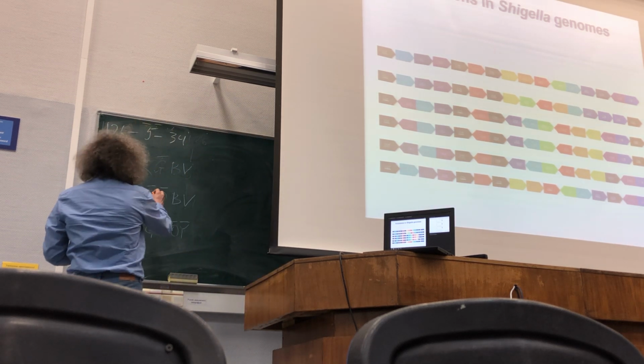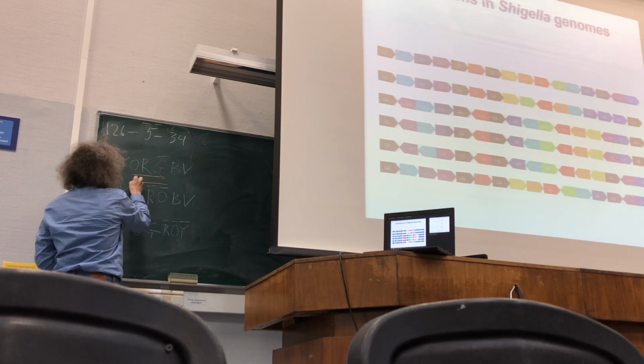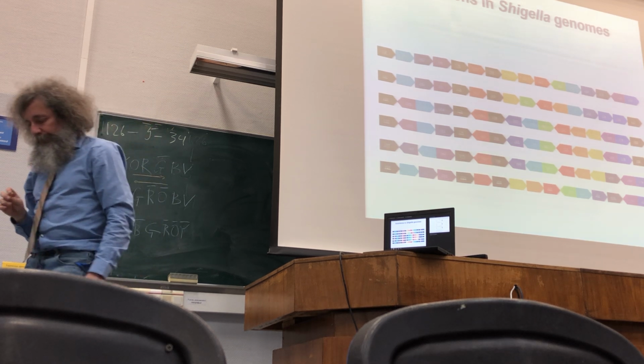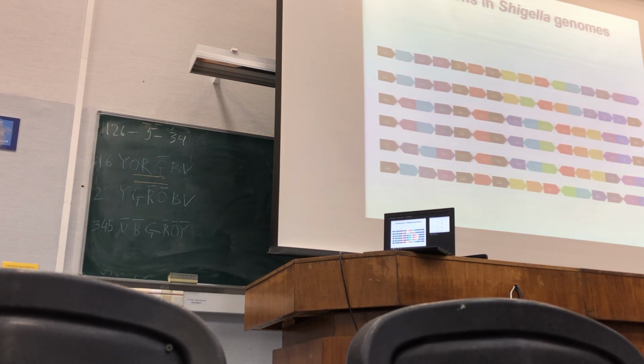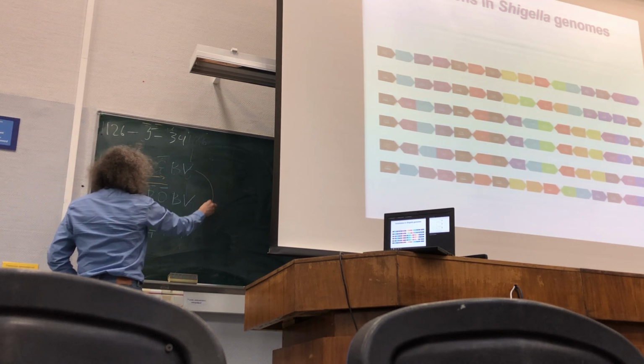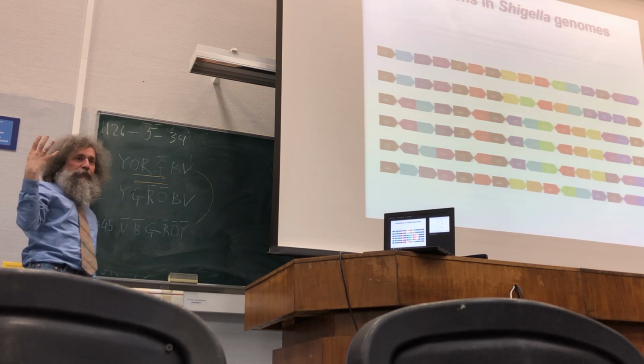So here we have this reversal. Okay. And for the first and the third, it's just a full reverse again. Complete reversal. So between this and this, we have just a complete reversal of the entire block.